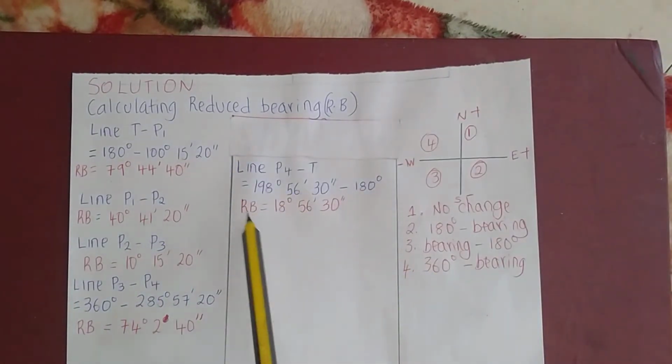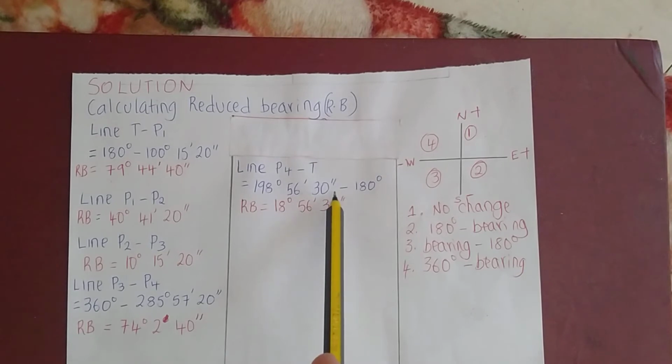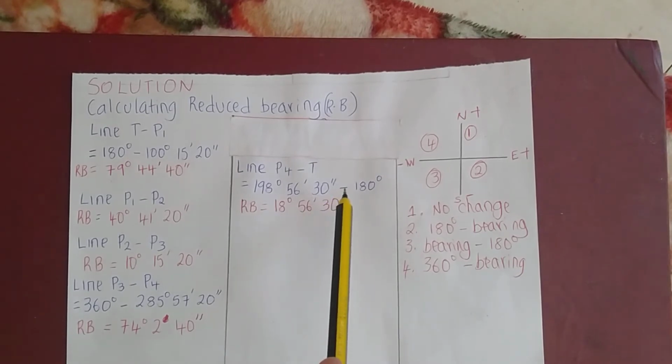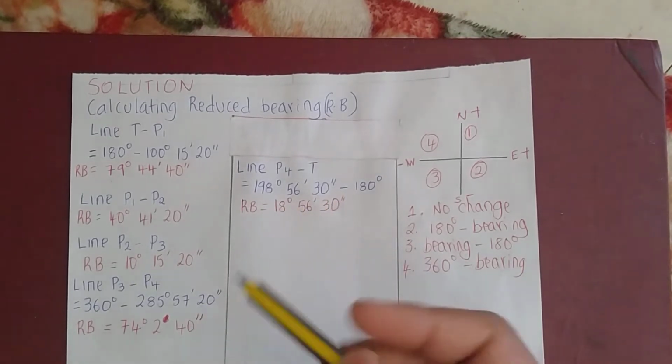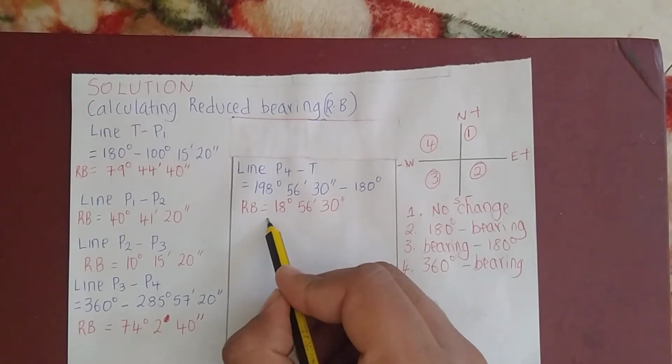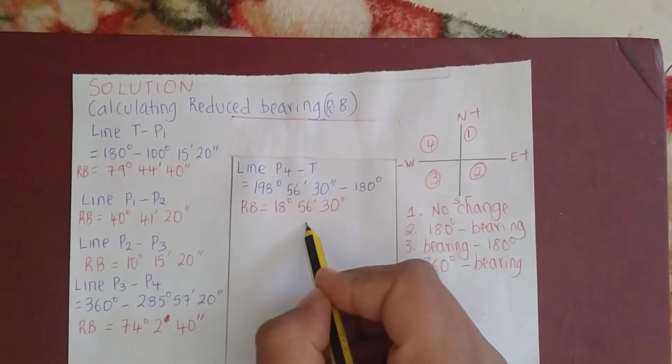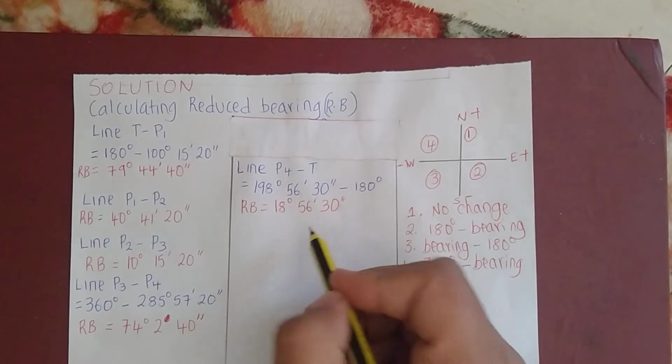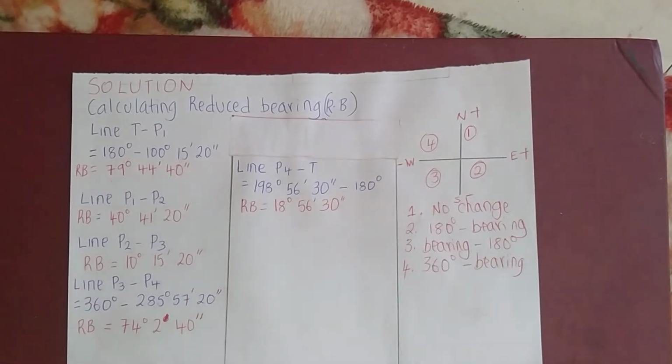So I took the bearing and subtracted 180 degrees from it, and I got my reduced bearing as 18 degrees 56 minutes and 30 seconds. So that is how we get the reduced bearing.